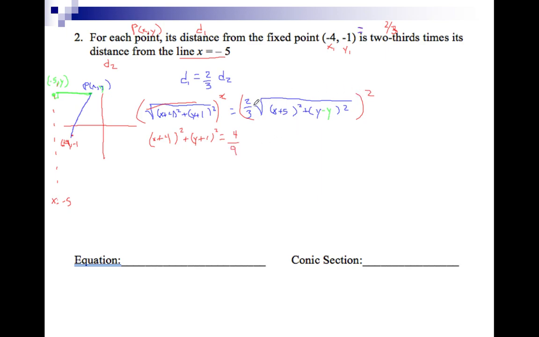Because this is just a product. So 2/3 gets squared and the square root gets squared. So I have times the quantity (x plus 5) squared plus 0. Y minus y is 0. Your algebra has to be quick, your basic algebra.